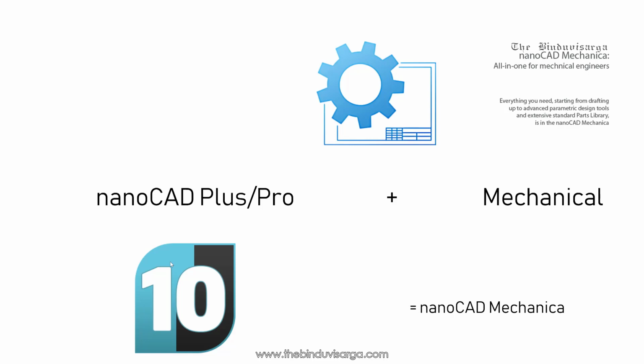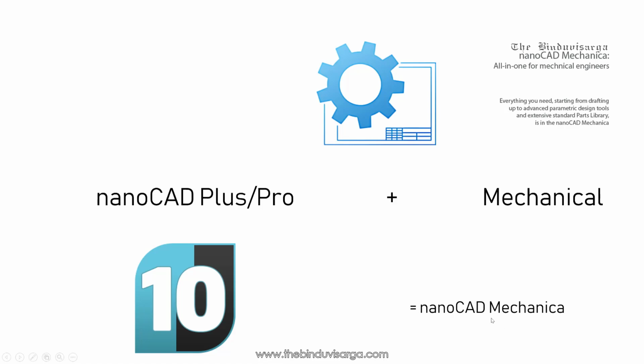So on top of nanoCAD, the super powerful general CAD application, you have mechanical integrations and plugins. That forms the entire nanoCAD Mechanica application. It is Mechanica, it's not mechanical. It's the name only.